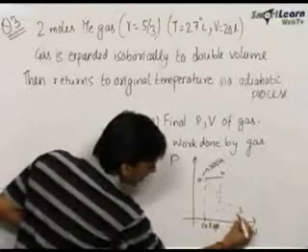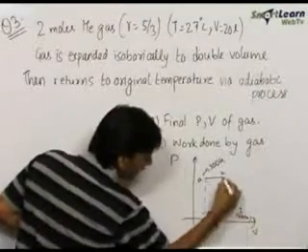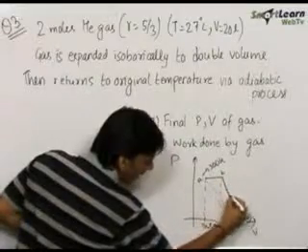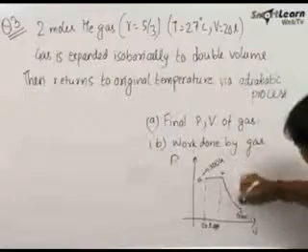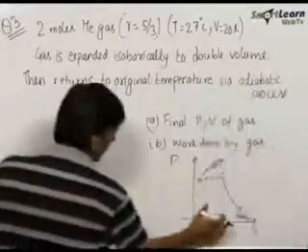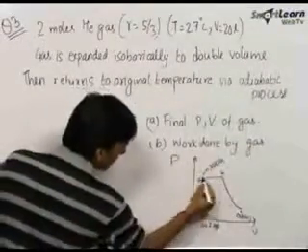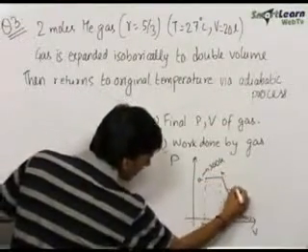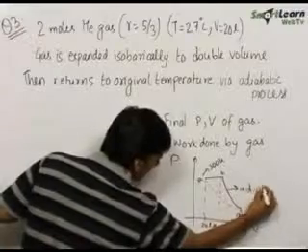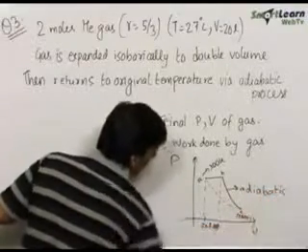The temperature at point C will be 300 kelvins and the gas came through an adiabatic process to point C from point B. So this gives us a final clear picture of what is happening. The gas went from A to B and then came back to C from B via an adiabatic process.